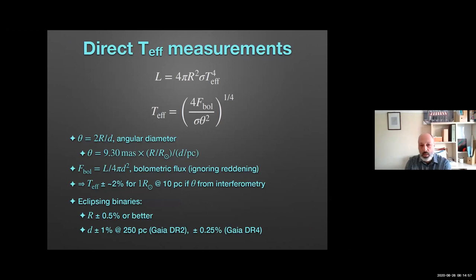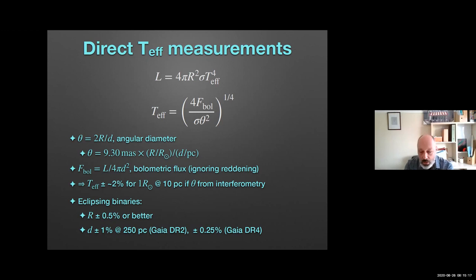So this has got me thinking about whether we can do better with eclipsing binaries, because with eclipsing binaries we can measure the radii to 0.5% or better, and now that we've got Gaia parallaxes, we'll have the distances to about 1% at 250 parsecs, and that will improve even more by the time we get to the final Gaia data release.